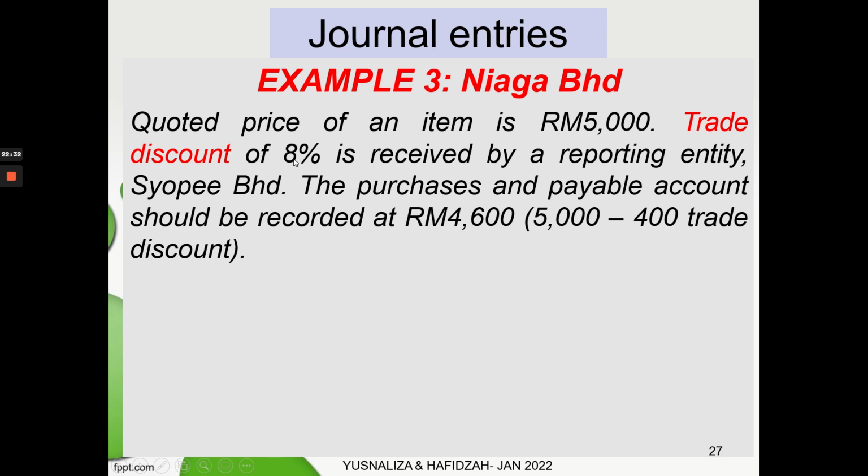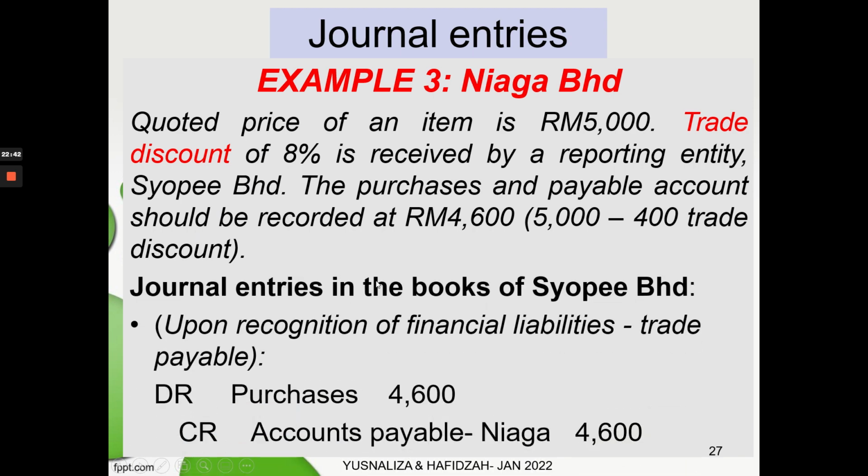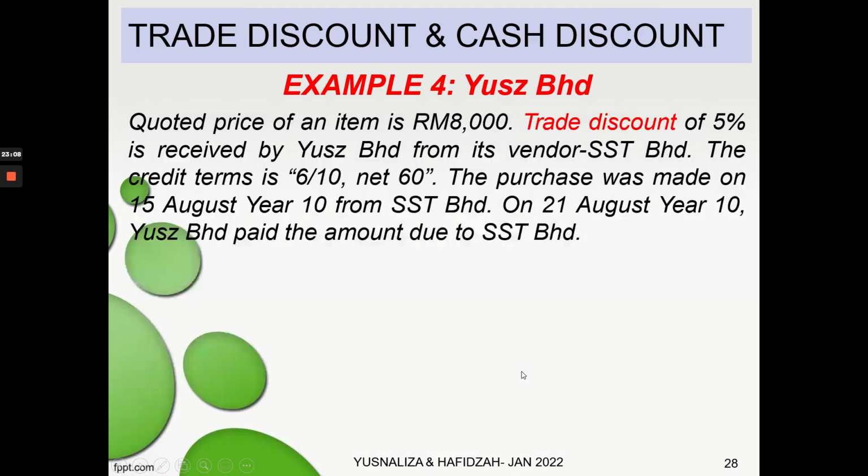After deduction of the trade discount from 5,000, it should be at 4,600. So the journal entries in the books of Shopee, the reporting entity: debit purchase 4,600, credit accounts payable Gagah. The name of the company is Gagah, right? Therefore, the company Gagah is the trade payable, which is a financial liability to Shopee.